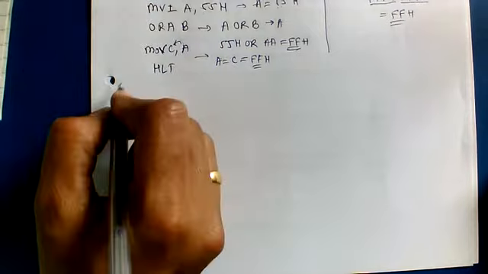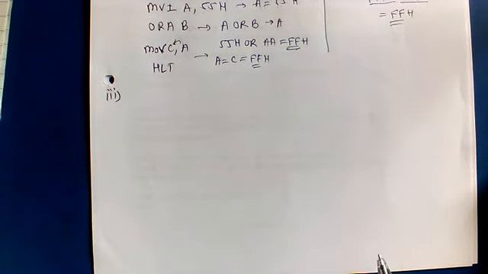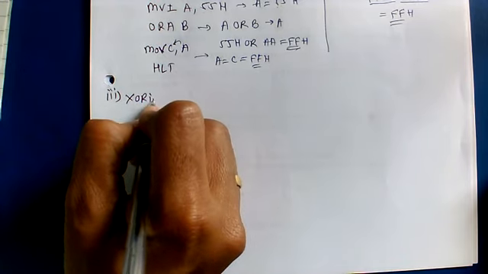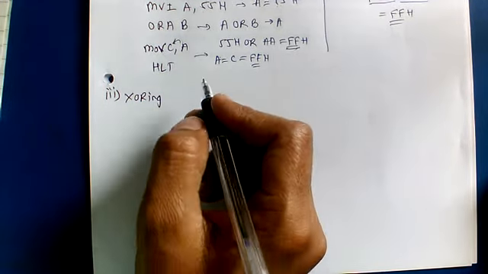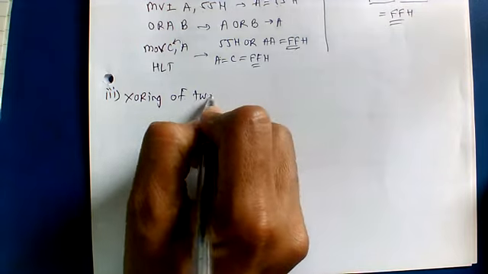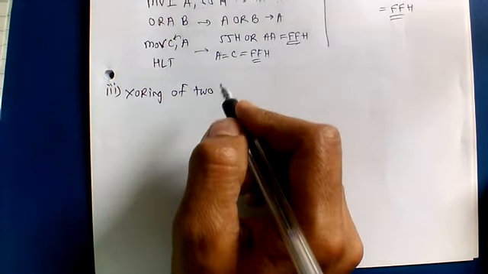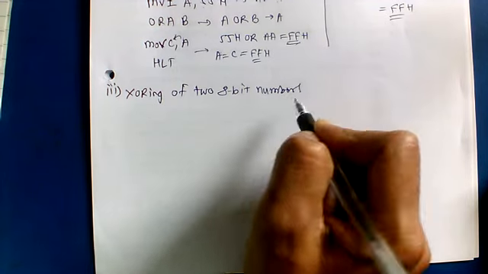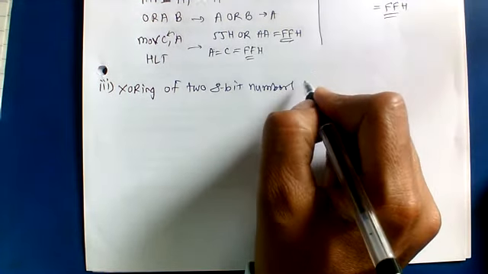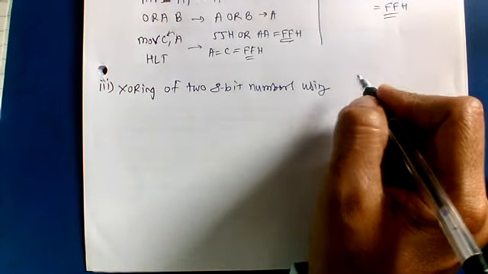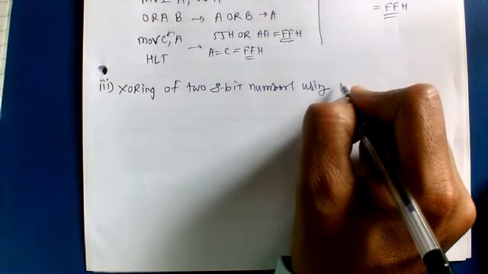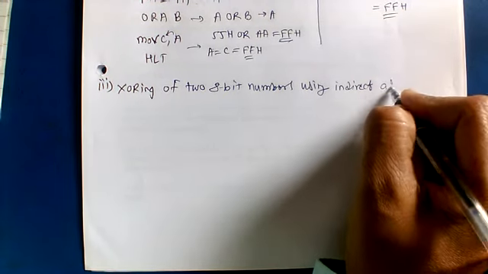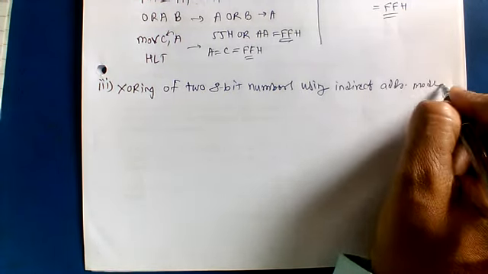So the third program: XORing of two 8-bit numbers by using indirect addressing mode.